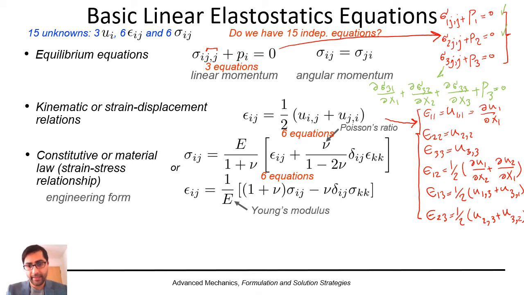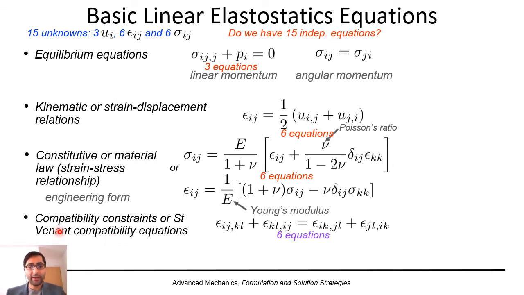So again, if I expand it, I end up with relations for sigma 1,1 and sigma 2,2 and sigma 3,3, and also sigma 1,2, sigma 1,3 and sigma 2,3. And that's our 6 relations here. Okay, that's it. So we already have 15 equations.